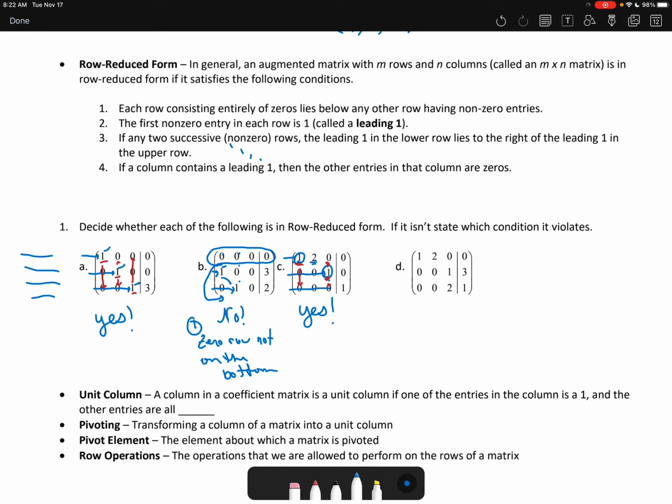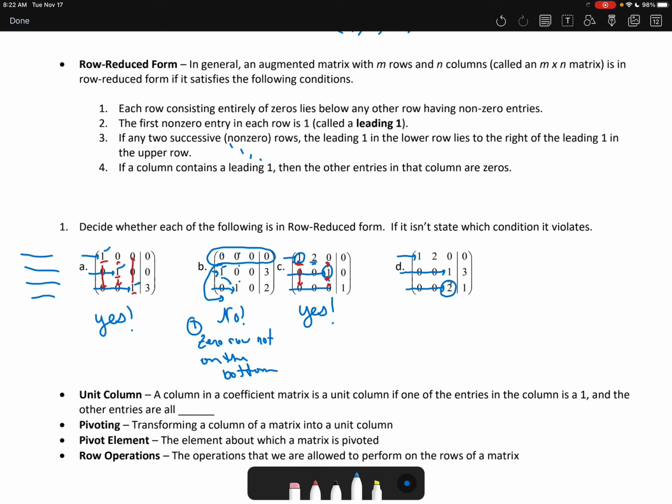Okay, let's try this last one. No all 0 row, so number 1 is fine. The first non-zero entry is a 1. Let's check that. So the first thing I hit here that's not a 0 is a 1. The first thing I hit here that's not a 0 is a 1. The first thing I hit here that's not a 0 is not a 1.